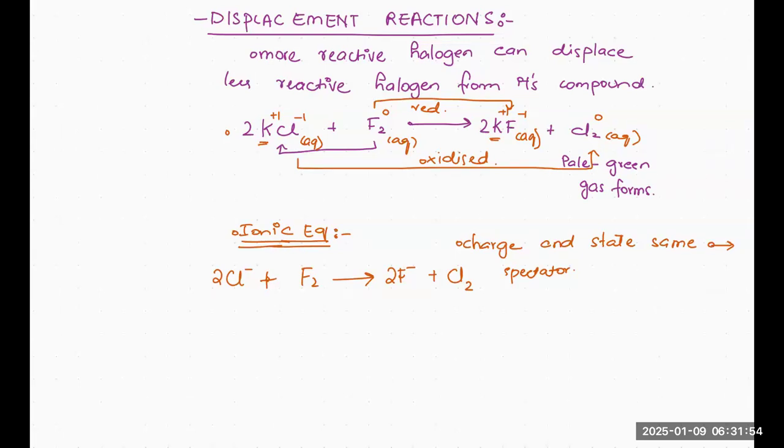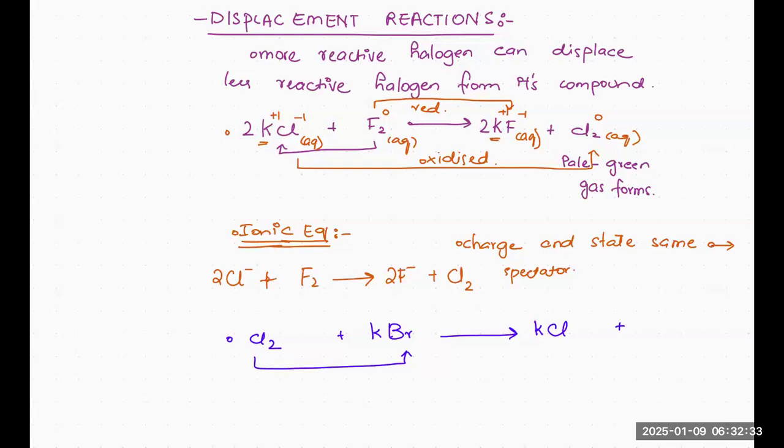So you can see that this is what the ionic equation is going to look like. And you should be able to, when given in the exam, make the reaction for all of the halogens like this. Okay. So for example, I have chlorine gas and I have potassium bromide. Chlorine is more reactive than bromine, so chlorine will displace bromine from its compound and we will get potassium chloride and bromine.